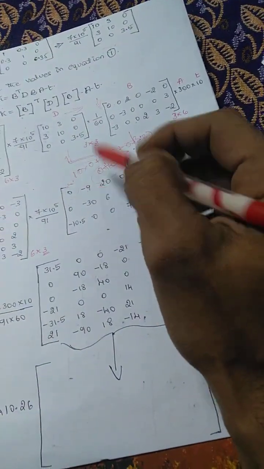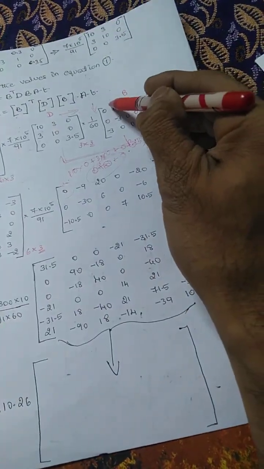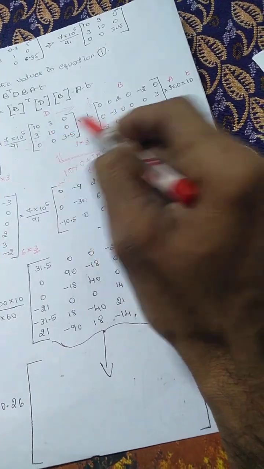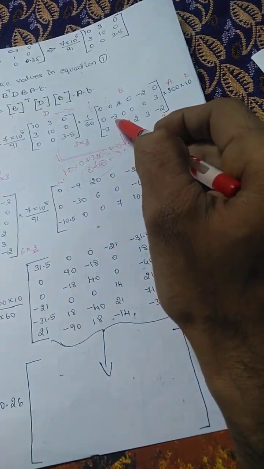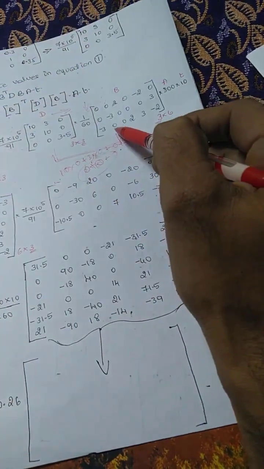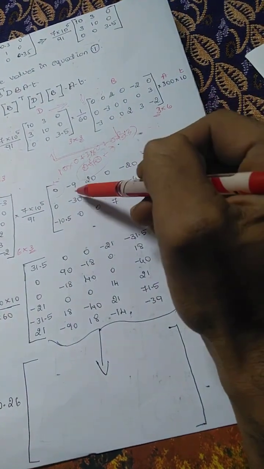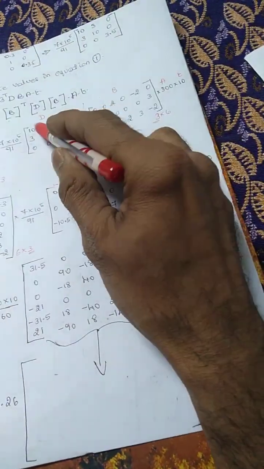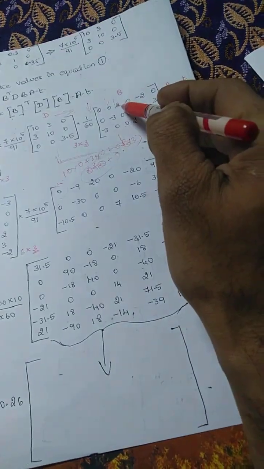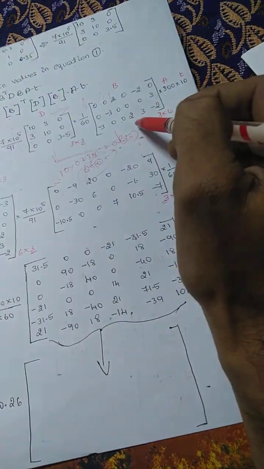And next this one, for this one and this value, 10 into 0, that is 0, 3 into minus 3, that is minus 9 here, because 0 into 0 is 0. So 0 minus 9 plus 0 is minus 9. Next this into this, 10 into 2 is 20 plus 3 into 0, that is 0, 0 into 0 is 0.